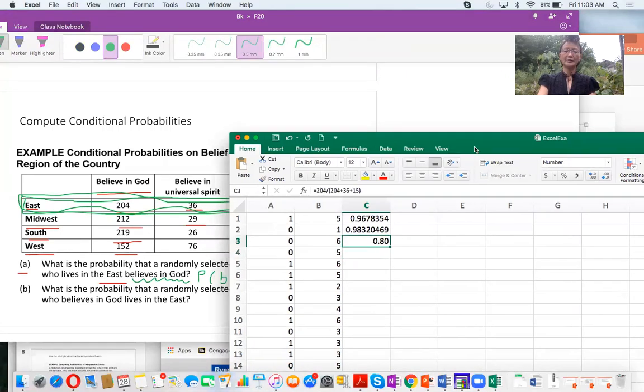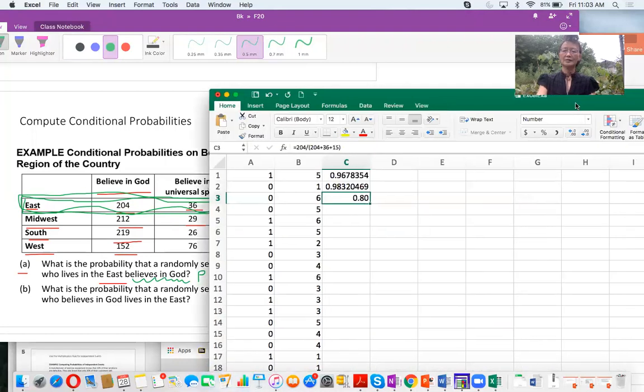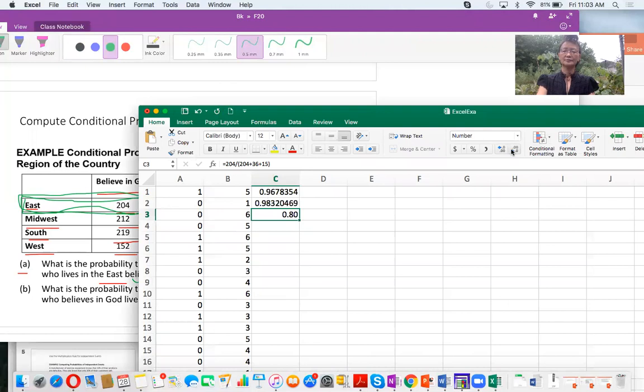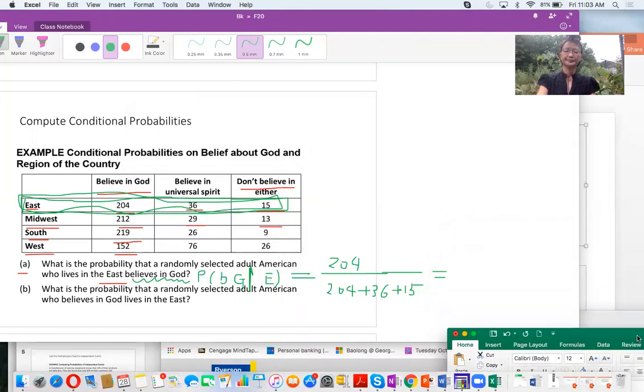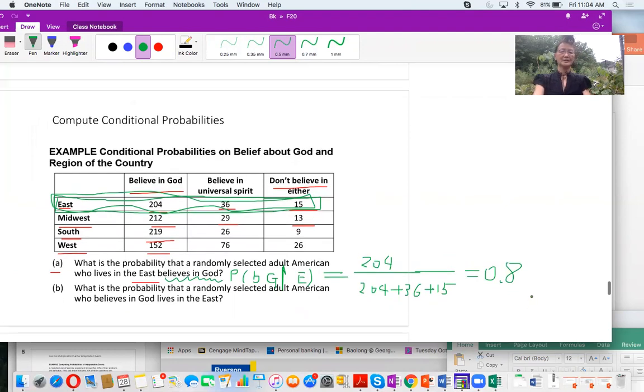Yes, it is 0.8. So that is one example of a conditional probability.